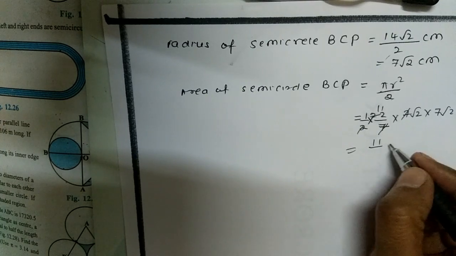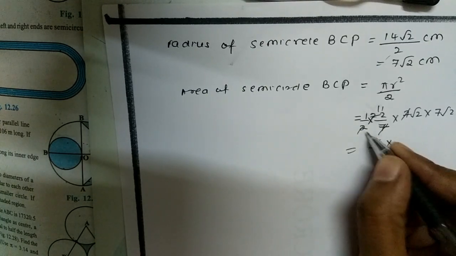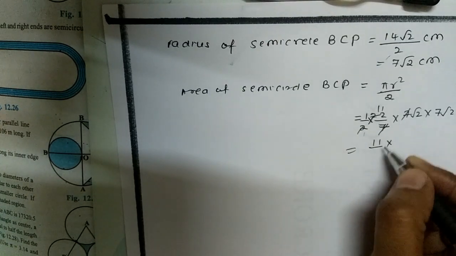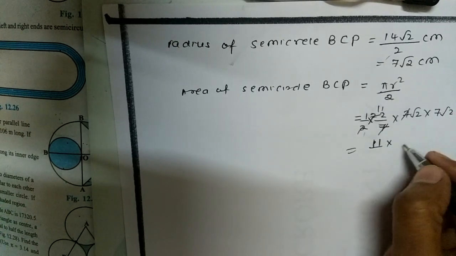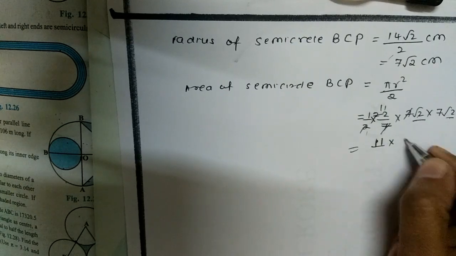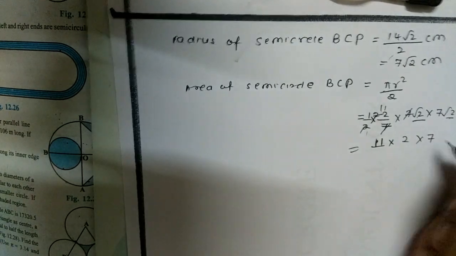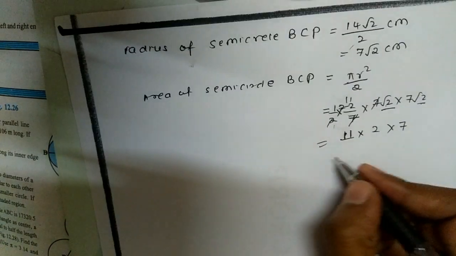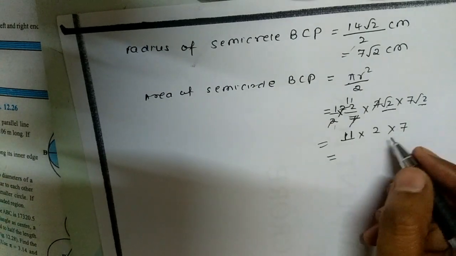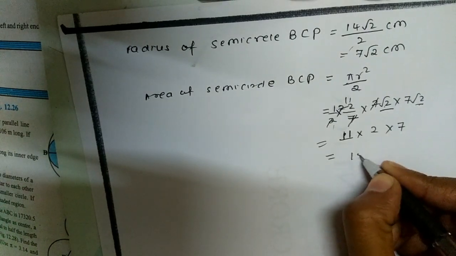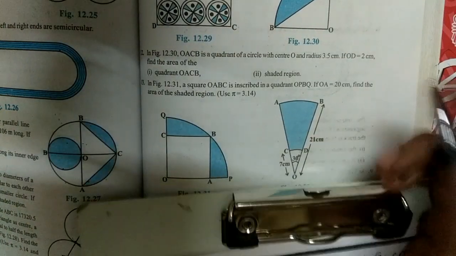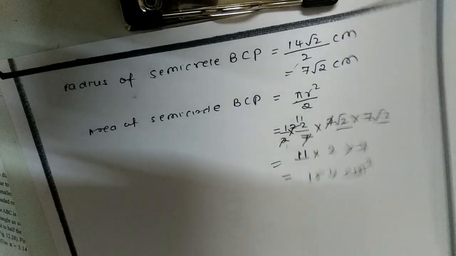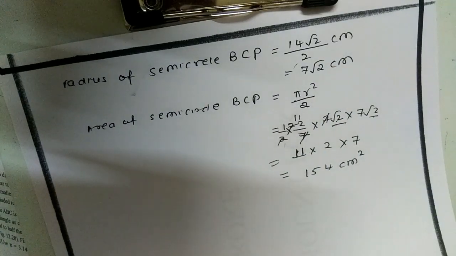Down we get the denominator as 1, so we'll not write the denominator. Root 2 into root 2 is just 2, into 7. So multiply these all: 11 2s are 22, 22 7s are 154 centimeter square. So this is the area of the semicircle that we have taken.